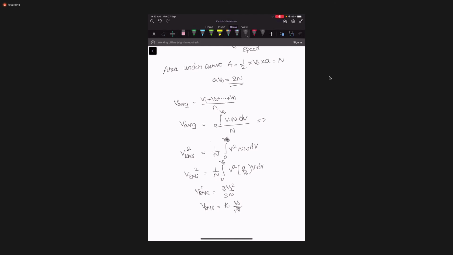Next option: increase if temperature and volume both are halved. The number of gas molecules which collide will increase if you increase the temperature.